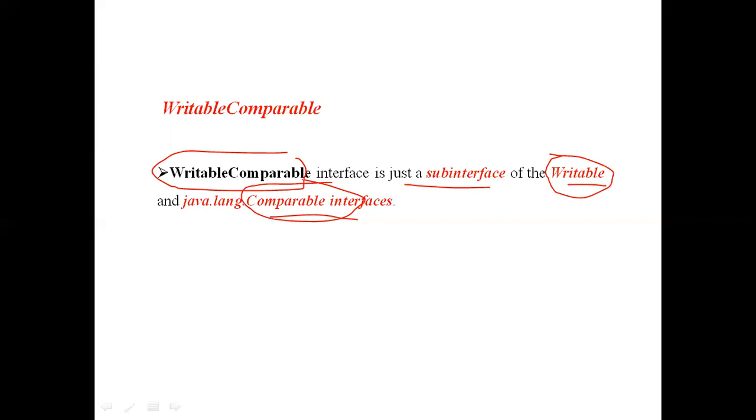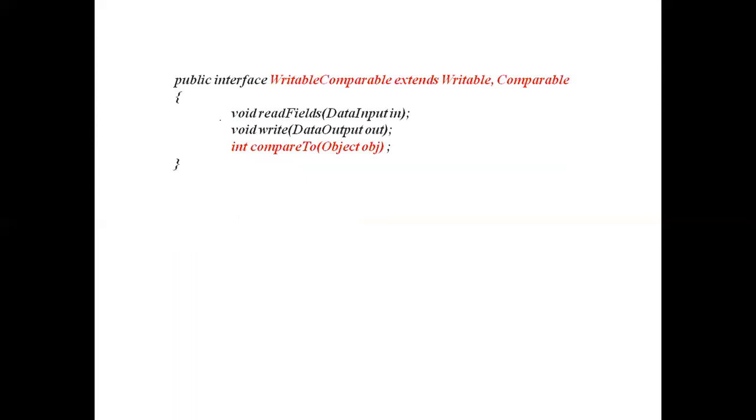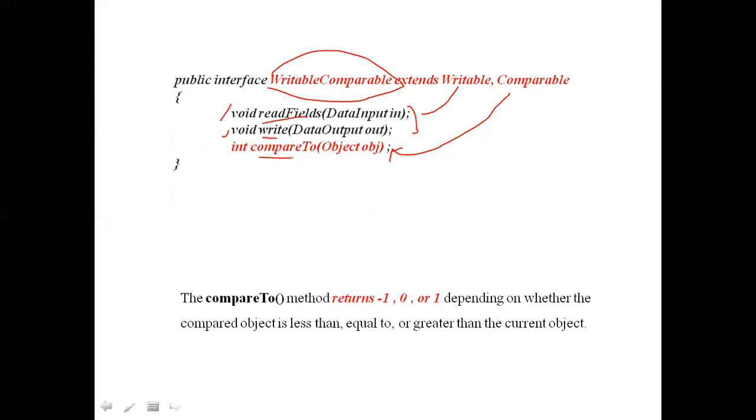So it has the following methods: the readFields method and write method, which came from the writable interface of Hadoop, and the compareTo method, which came from the Java comparable interface. Totally, writable comparable has three methods: readFields for deserialization, write for serialization, compareTo for comparing the objects. Clear.